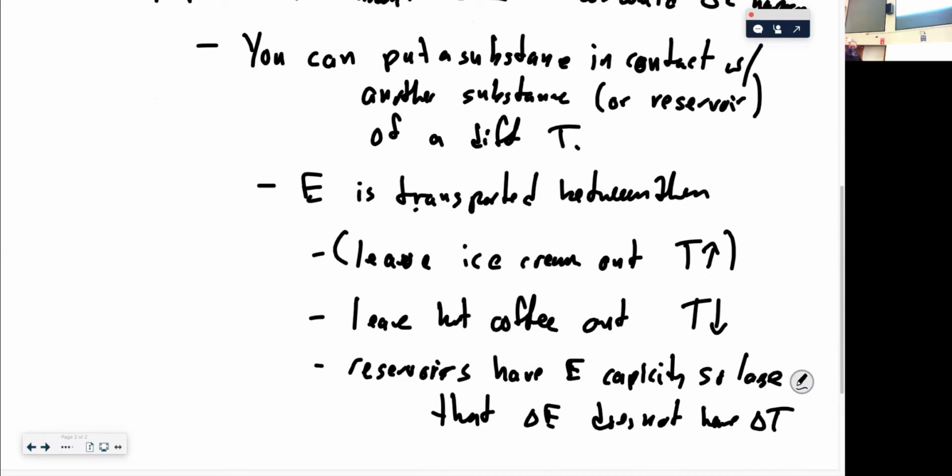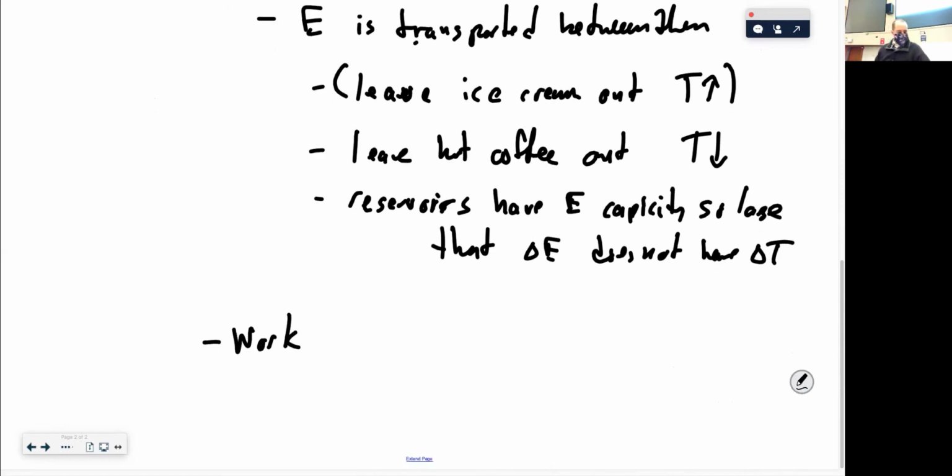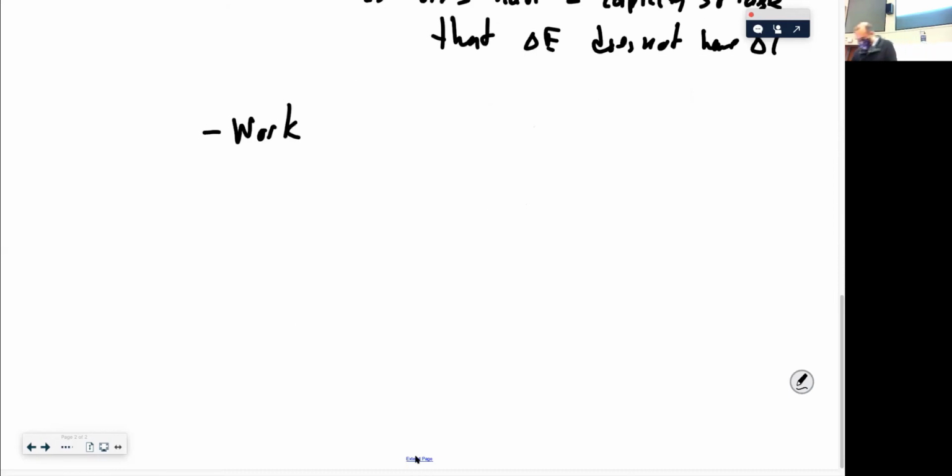There's another way as well, and that is work. Work is another concept from Analyte 1 that we're going to be treating slightly differently in this class than you did in Analyte 1. You might remember from Analyte 1 that one of the definitions of work is the dot product of some force times some distance vector.